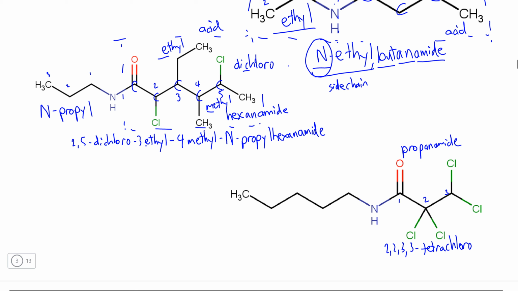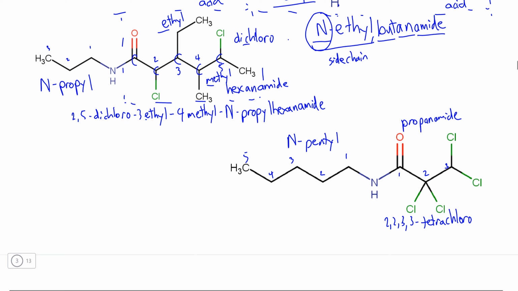All that remains is to identify the side chain that is attached to the N of the amide, and we can see 1, 2, 3, 4, 5. This is going to be an N-pentyl side chain.